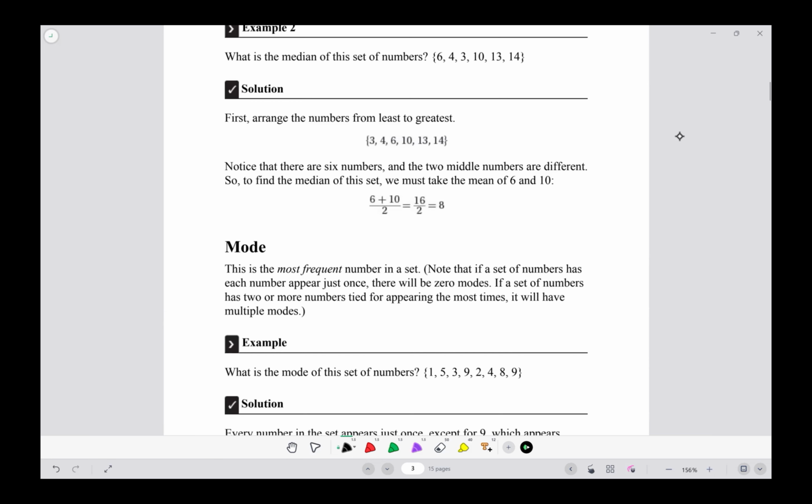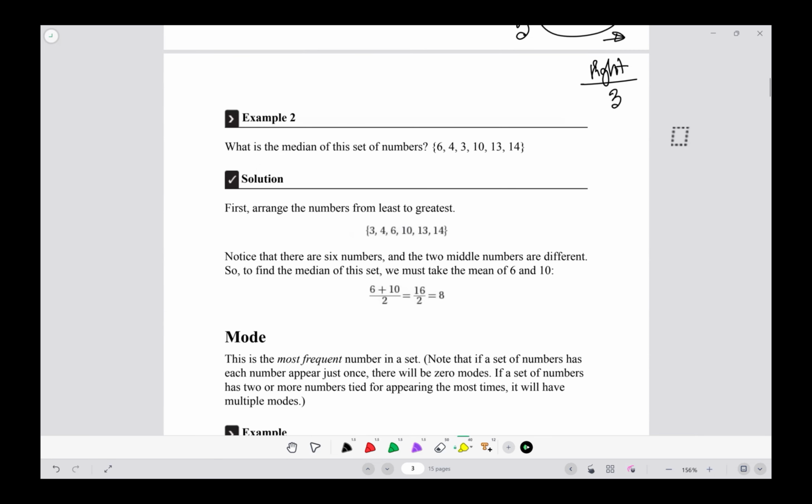Example number 2 tells the same. What is the median of this set of numbers? You just need to arrange them by numerical value from least to greatest, and then find the middle term. We have 1, 2, 3, 4, 5, 6, six numbers, and the median would be the average of 2 numbers.